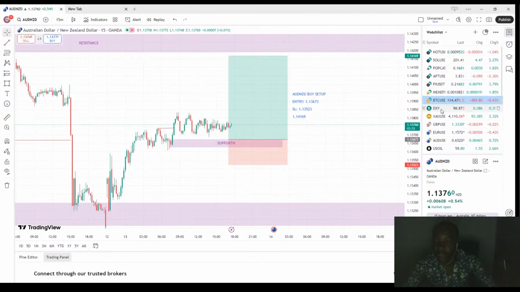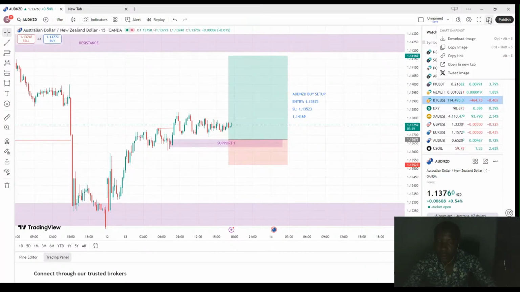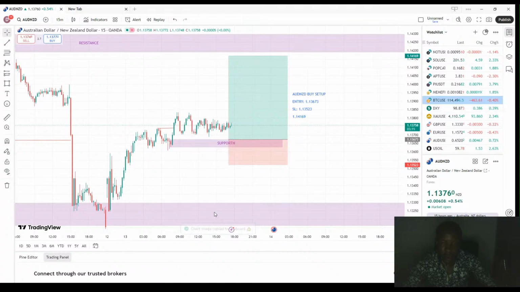Did I share AUD CAD setup before? Okay, let me share this one first. This one is AUD NZD setup. Let me share it.